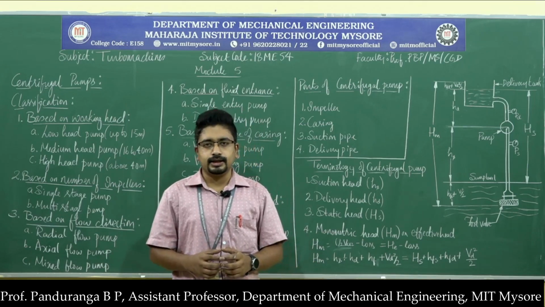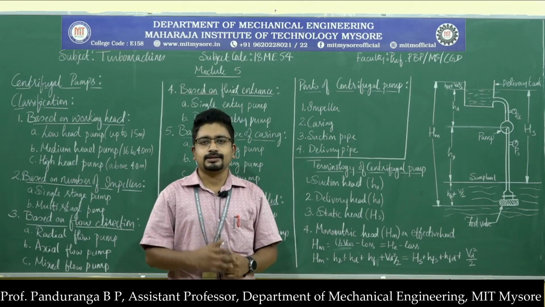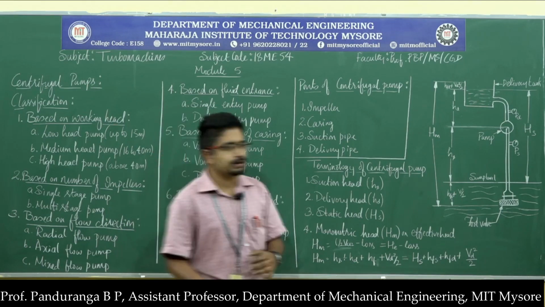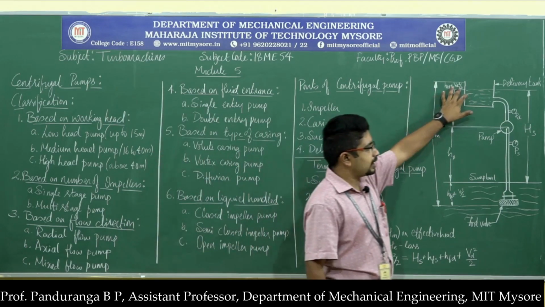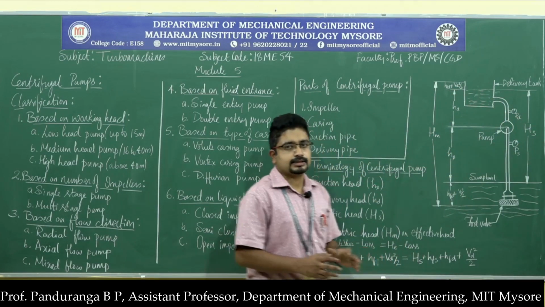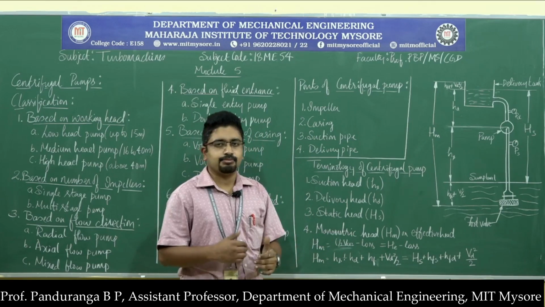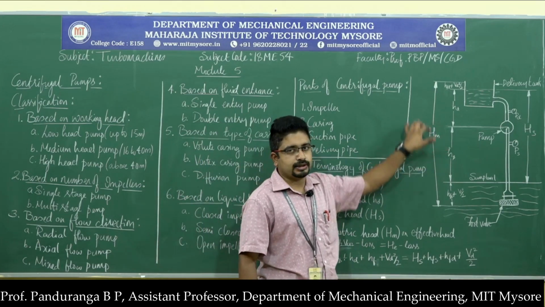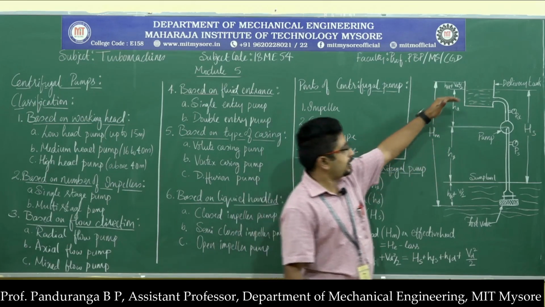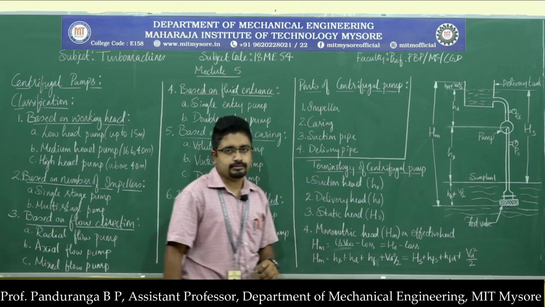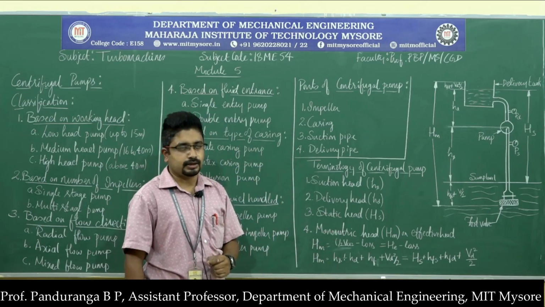Manometric head is the theoretical head that a pump has to develop when it is delivering a liquid from the sump level to the delivery tank with a static head HS. So if the static head is HS, then the pump has to work extra hard to achieve the manometric head so that we can have this head difference in the delivery of the liquid.